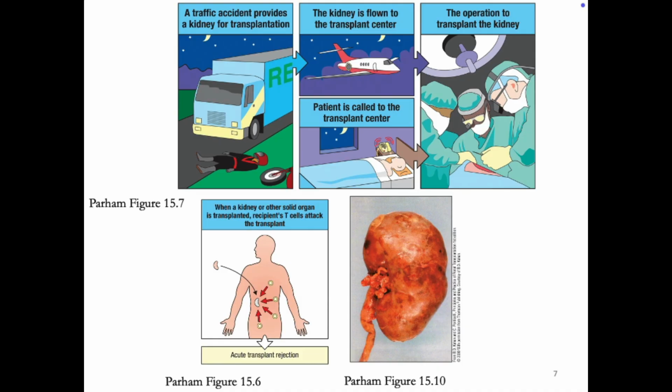And typically, what has to happen when there is a transplant is that the organ needs to be transplanted very quickly, because that organ needs to remain viable. We need to not have a lot of cell death in that organ. We need to have that organ be incredibly fresh and really not have lost blood flow.